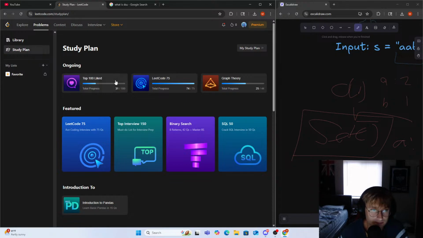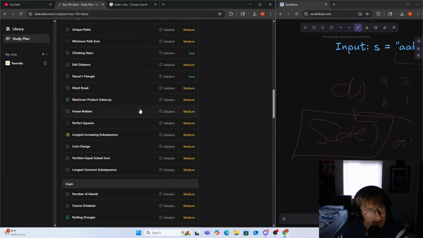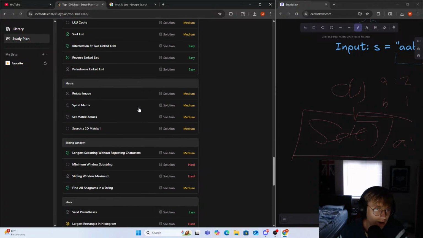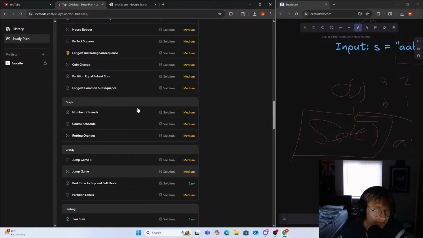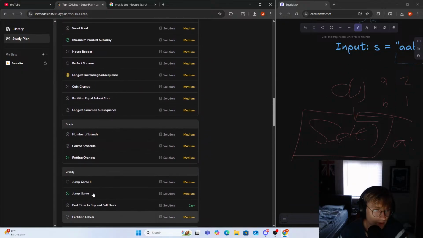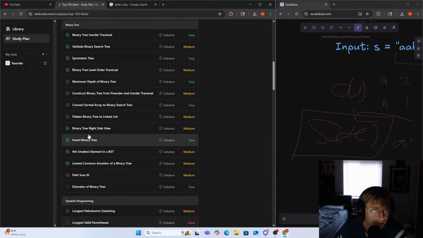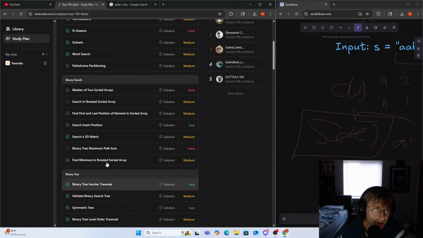Kind of thought about yesterday doing a jump game 2. Number of islands. Dynamic programming. Maximum depth of binary tree. Damn, man.